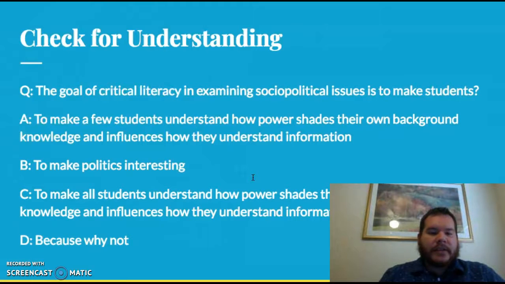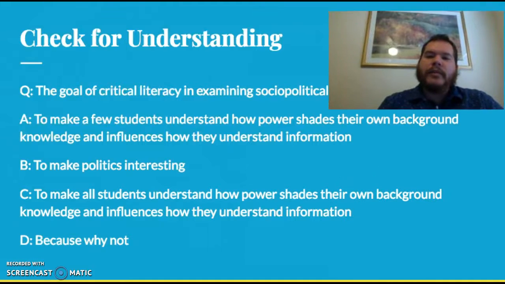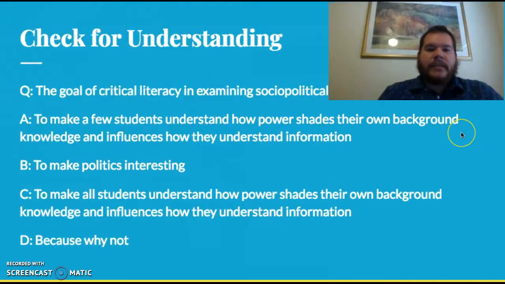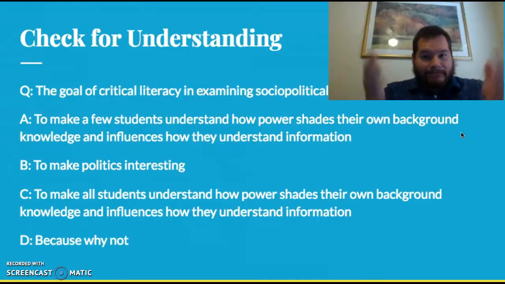Is it B, to make politics interesting? Is it C, to make all students understand how power shades their own background knowledge and influences how they understand information? Or is it D, because why not?